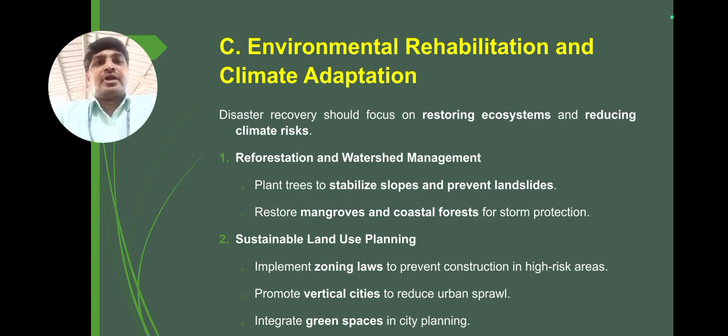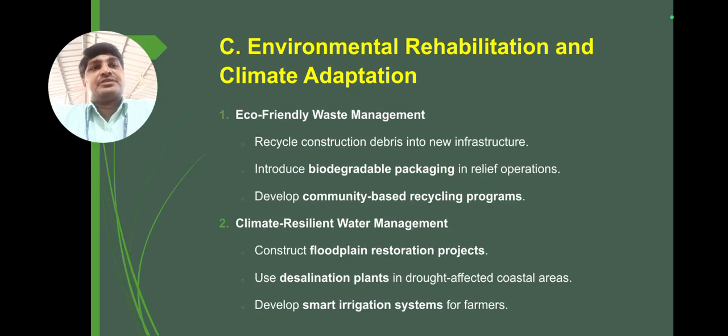And in sustainable land use planning, implement zoning laws to prevent construction in high rise areas, because high rise areas cause more landslides for the low lying areas. Promote vertical cities to reduce urban sprawl, and integrate green spaces in city planning. So greenery will be more helpful in giving fresh air to the people who are living in urban cities.